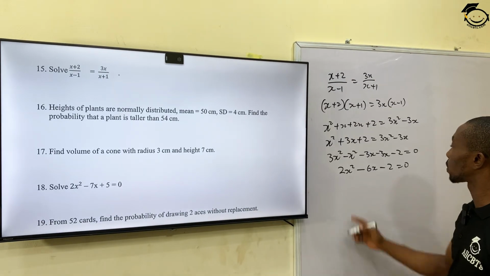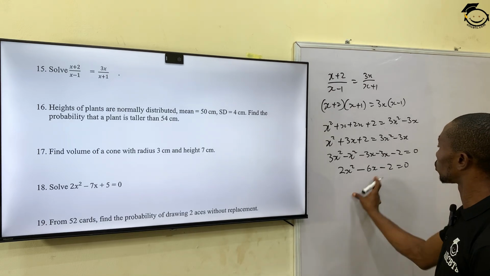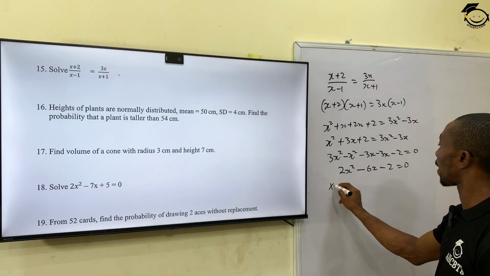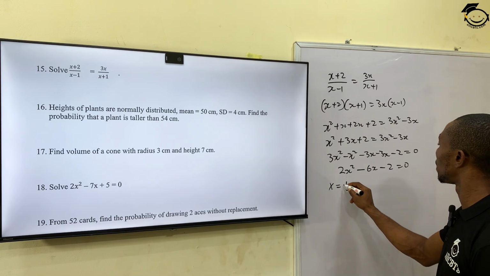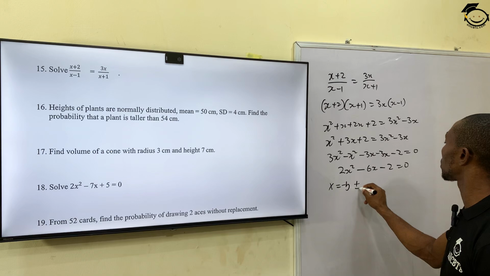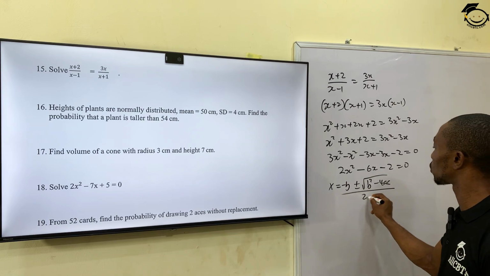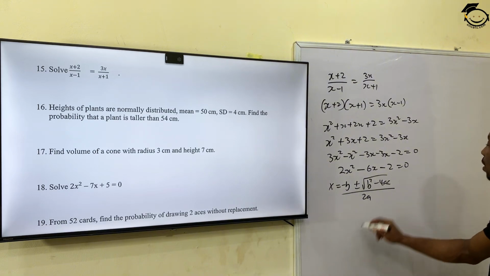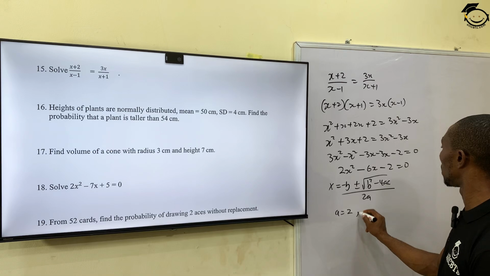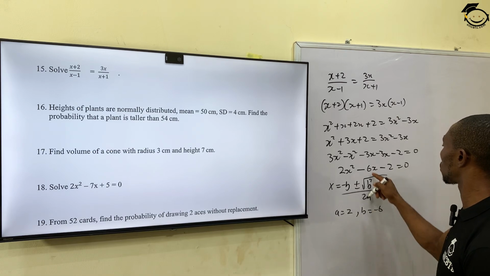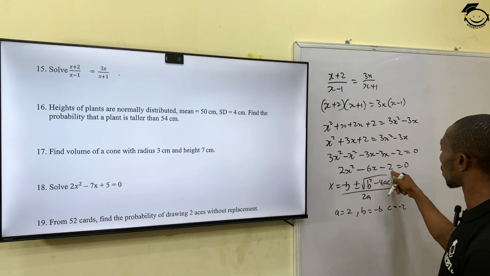From here, we solve our equation using the quadratic formula where x equals minus b plus minus root b squared minus 4ac all over 2a. Now in this case, a is 2, the coefficient of x squared, b is minus 6, the coefficient of x, and c is minus 2, a constant.